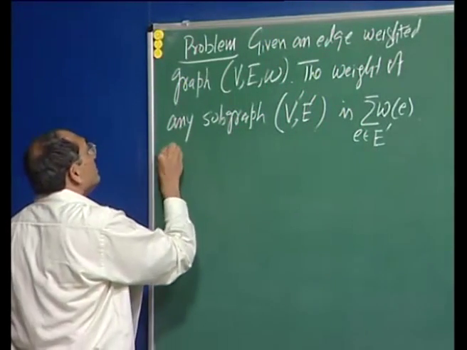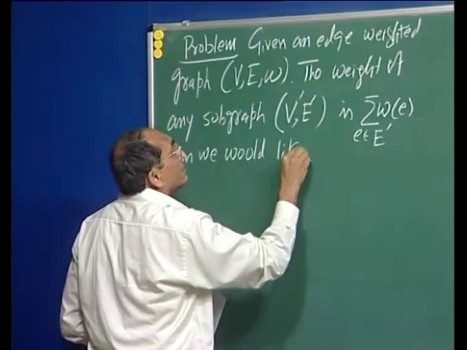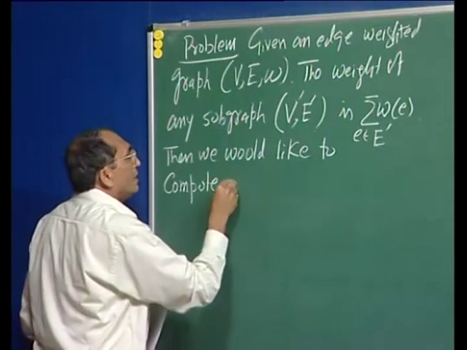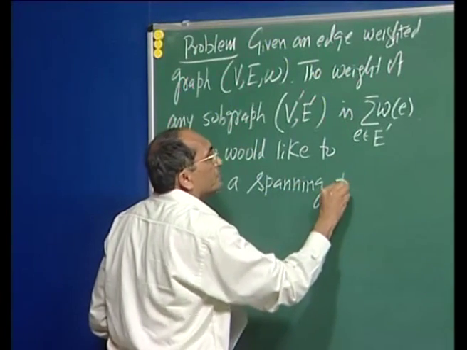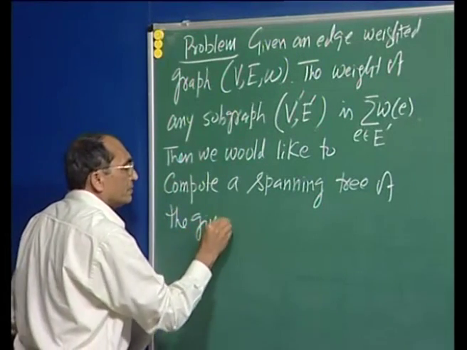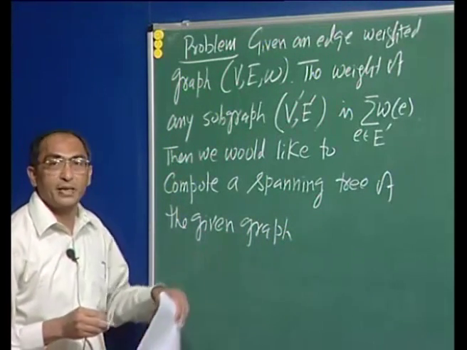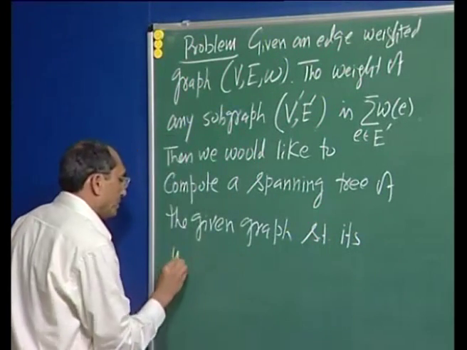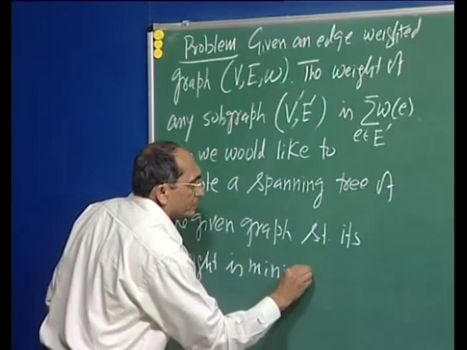Then we would like to compute a spanning tree of the given graph with a condition that the weight of that spanning tree is minimum, such that its weight is minimum.